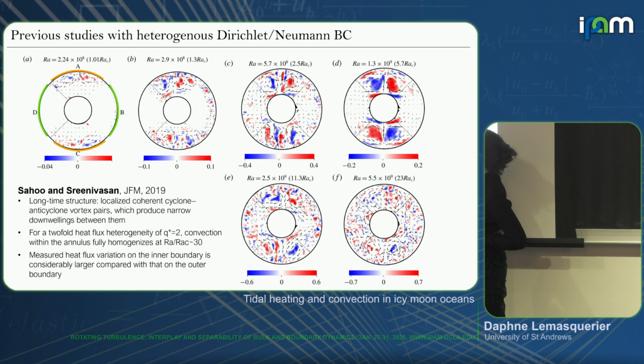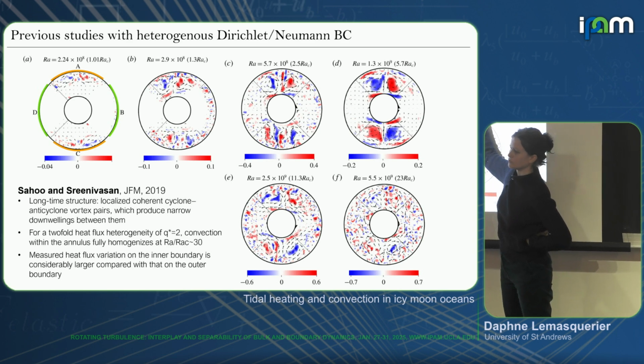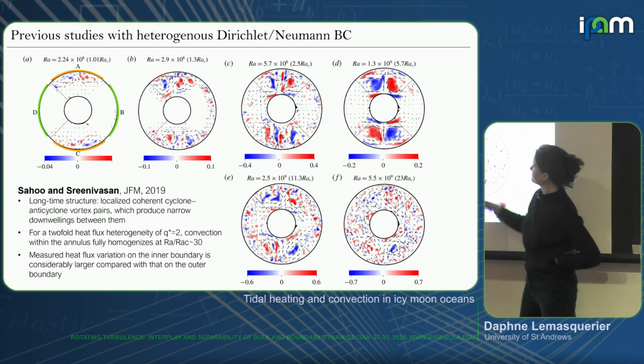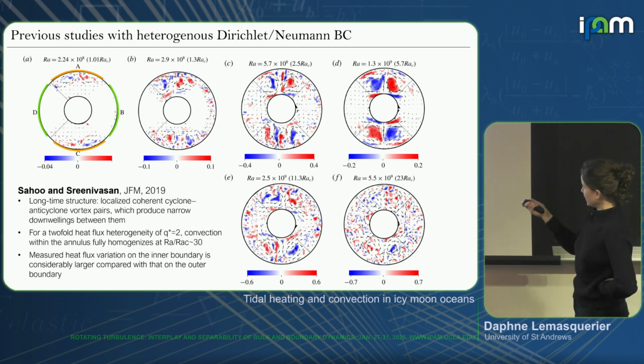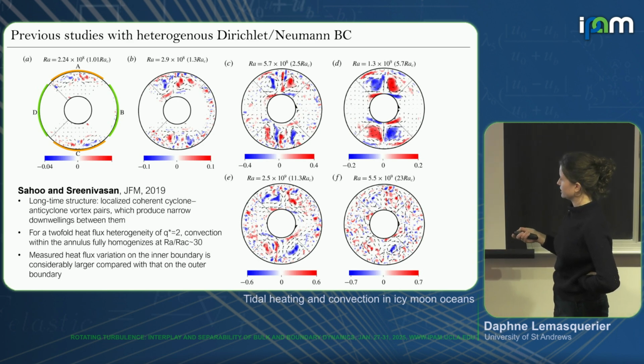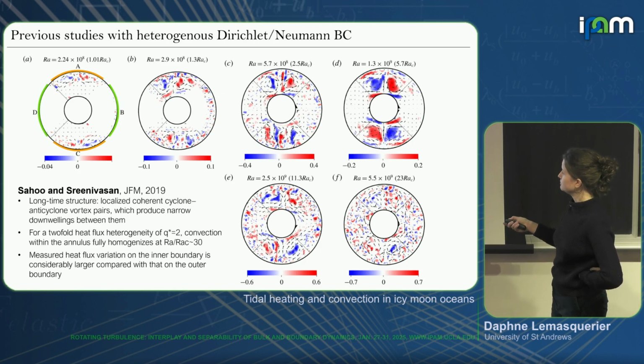And in between those vortices, you have this kind of narrow downwelling regions here. So again, they indicate that you can have this kind of large-scale coherent structures produced from this heterogeneity. However, they seem to observe that as the supercriticality is increased further, this becomes all looped, and you lose this kind of coherent structures at larger Rayleigh number, at larger supercriticalities.